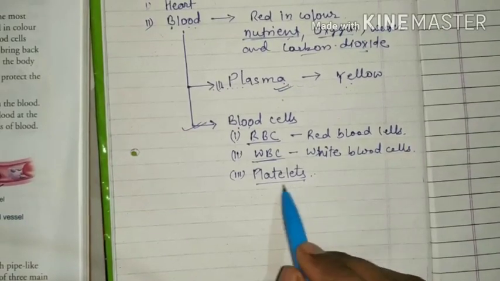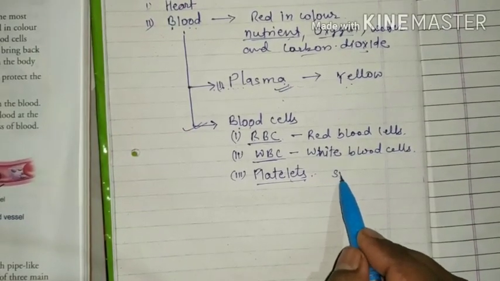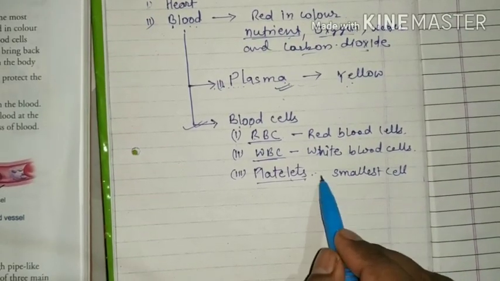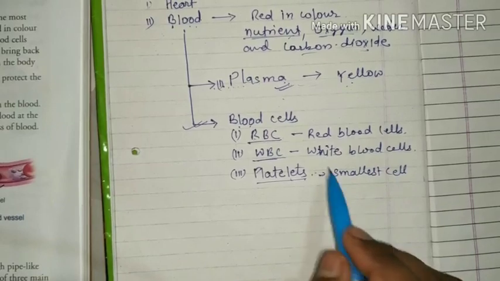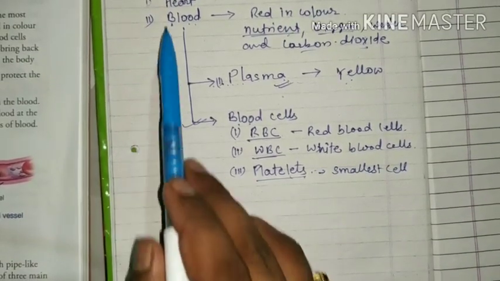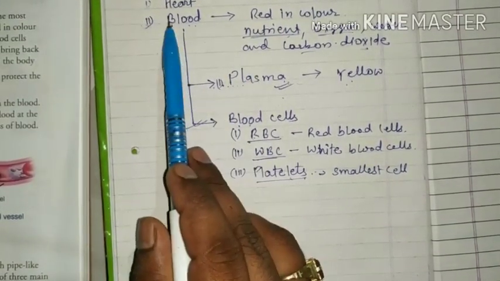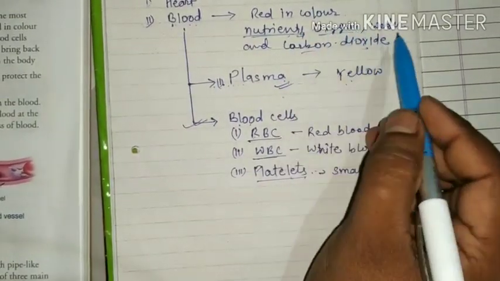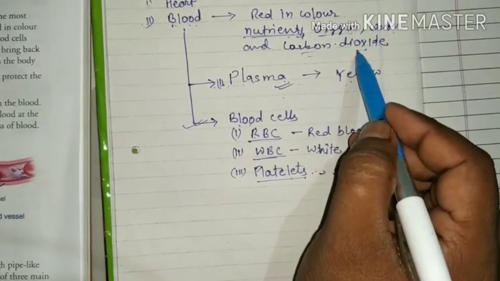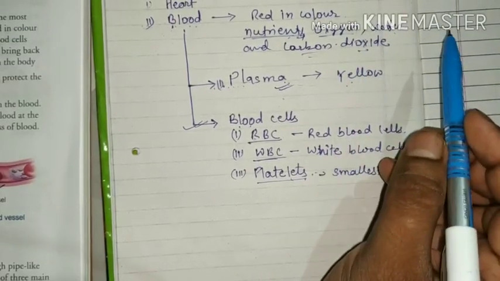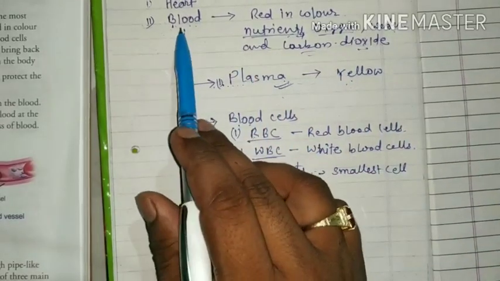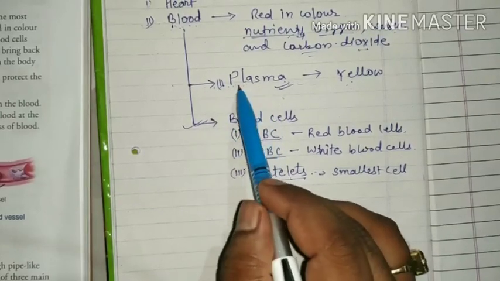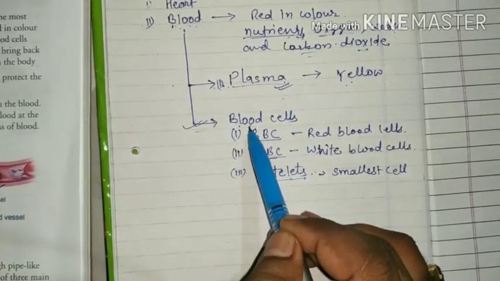Platelets are the smallest cells in the blood. So blood is basically red in color, and blood carries nutrients, oxygen, water, carbon dioxide in blood vessels. The components of blood are plasma and blood cells.